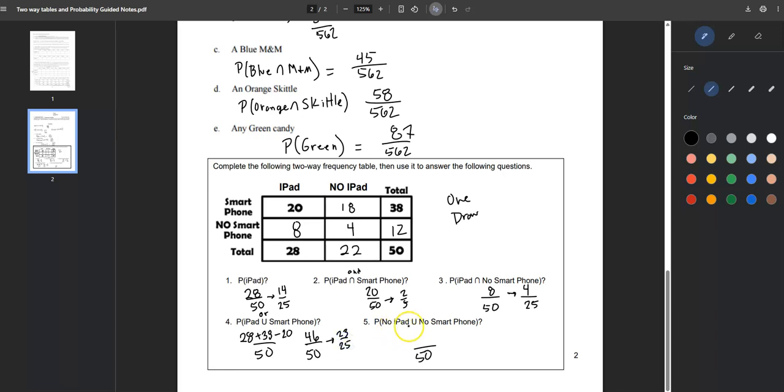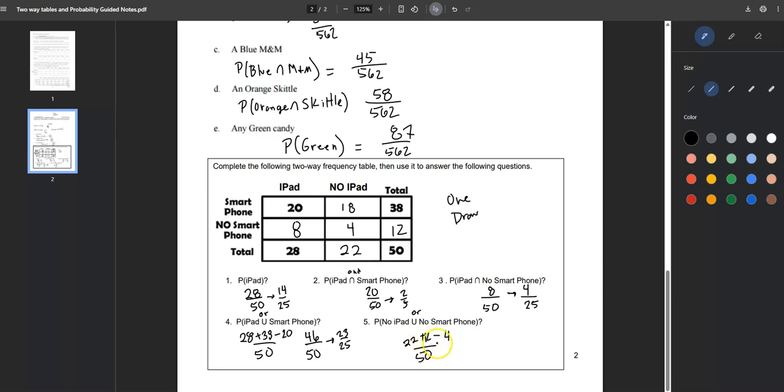Right? No iPad or, again, the union. So I'm going to add these two together. So no iPad would be 22 because that's this line. No smartphone would be 12. So I'm going to add those two together. But I don't want to double count this overlap of 4, because I've double counted that 4 as part of 22 and 12. So I have to minus that out.